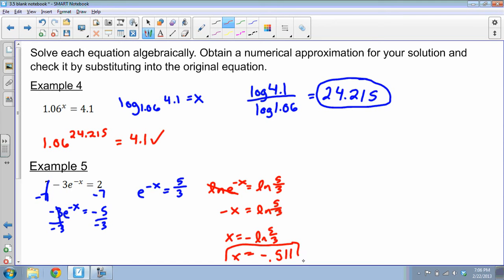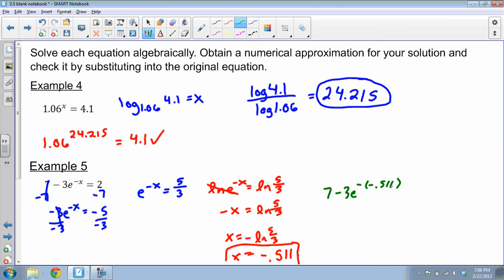And then I'm going to go back and check it. So this is one where it'd be really easy, probably easier to type in the calculator. Sometimes, depending on your opinion, it's not necessarily easier to type into your calculator because it's pretty easy to work through it algebraically. But this is one where I personally would want to just type it in. 7 minus 3 times e to the negative second answer.